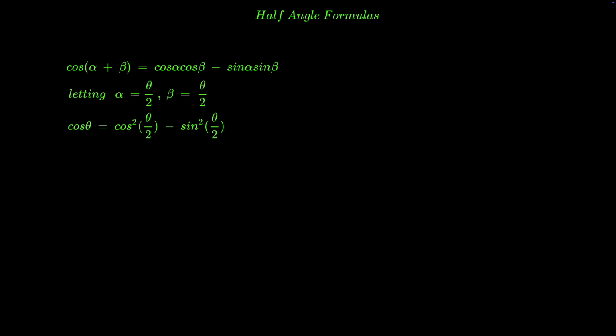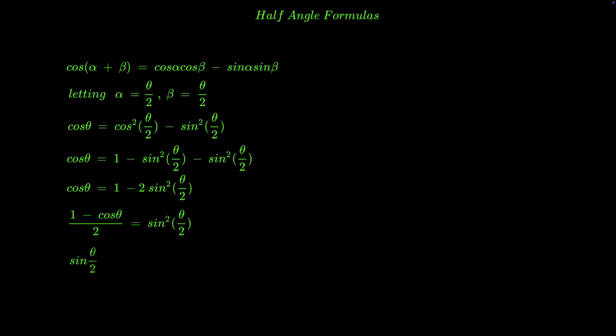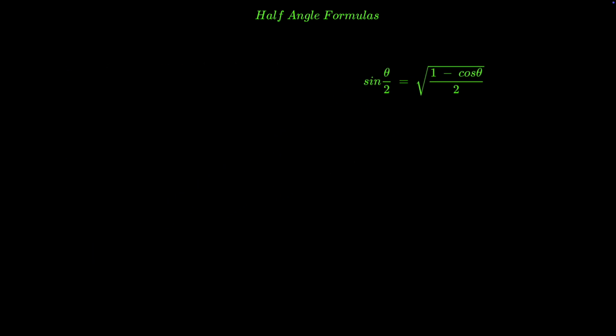Substituting 1 minus sine squared of theta over 2 for cosine squared of theta over 2, as provided by the Pythagorean identity, I have the cosine theta in terms of sine squared of theta over 2. Solving then for the sine squared of theta over 2, the result is an expression for the sine of theta over 2 in terms of the cosine of theta.